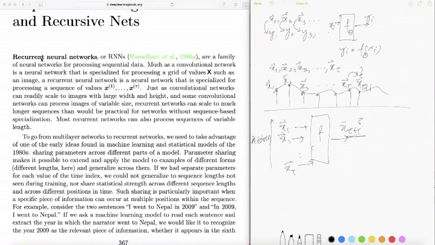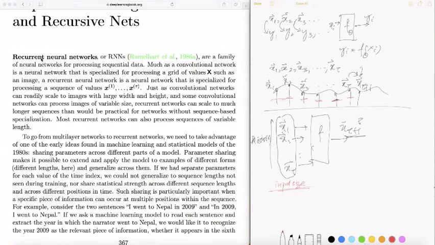That problem means I don't really know how many of these previous instances I should take into account: xt minus 1, xt minus 2, x3, x2, x1. How far in the history should I go to predict this next value? So that's one problem. I don't know the input size. The input size over here is just flexible. It just keeps changing.